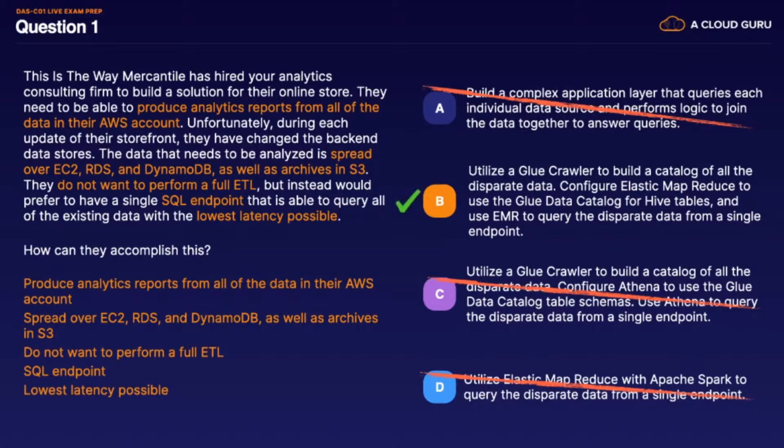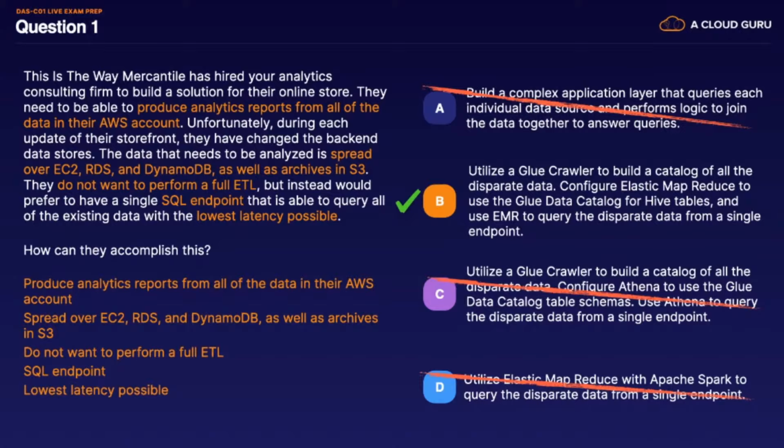We're going to utilize a Glue crawler to build a catalog of all of the disparate data, configure Elastic MapReduce to use the Glue data catalog for Hive tables, and use EMR to query the disparate data from a single endpoint. EMR can collect data from all of these places, it can query them, and we can use Glue to run a regular crawl against these data sources.